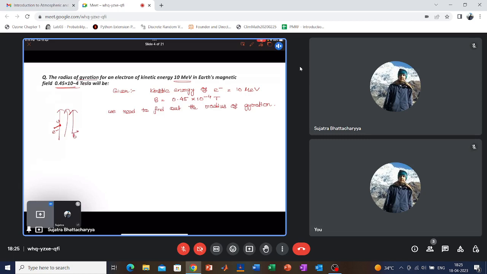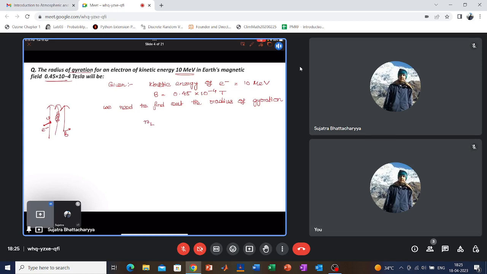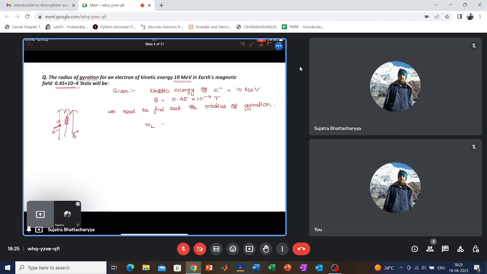So ultimately what will happen is that it will have some helical path whose radius is nothing but the radius of gyration r, or RL you can say, doesn't matter. So RL will be equal to mv by qB.